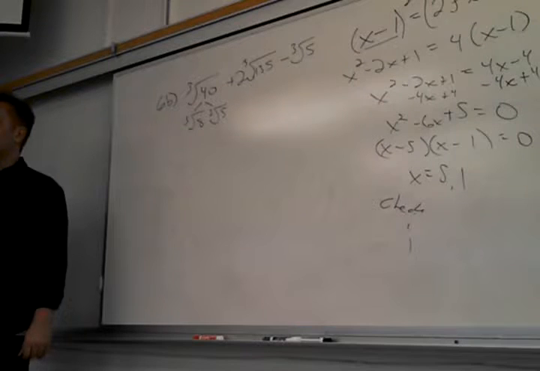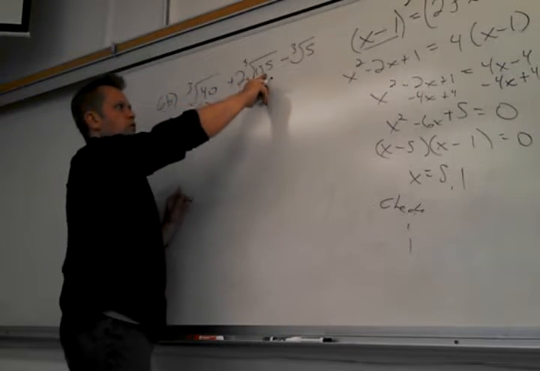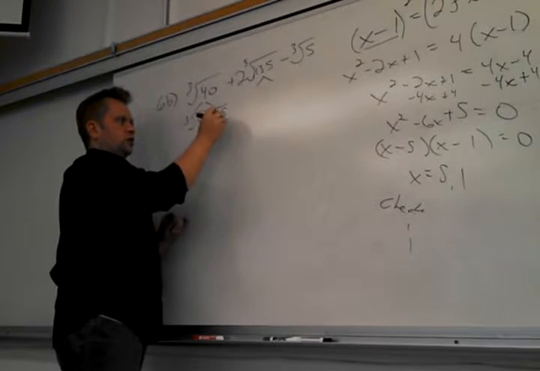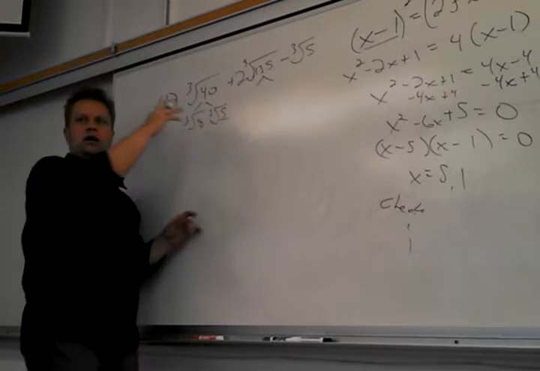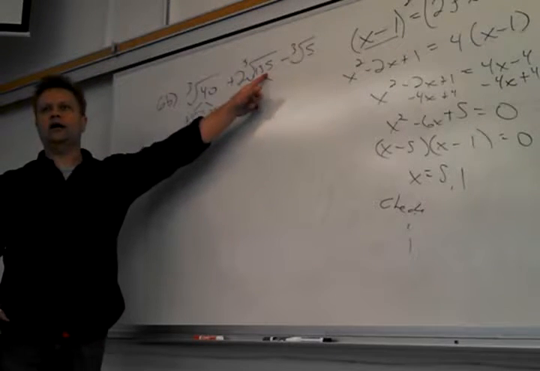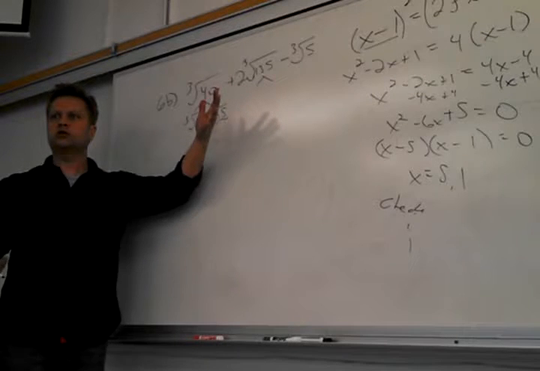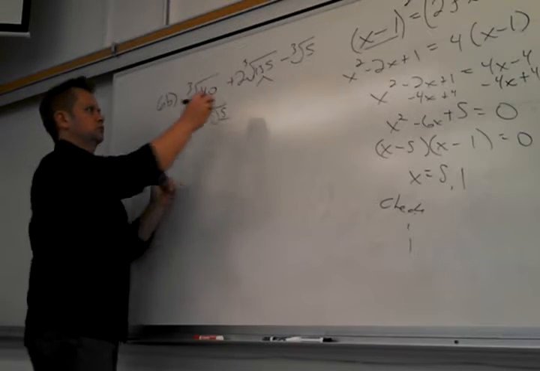And then, of course, 135, if you're not sure, you know that 5 looks to be the common piece. So you divide 135 by 5 and you find 27, which is cube rootable.